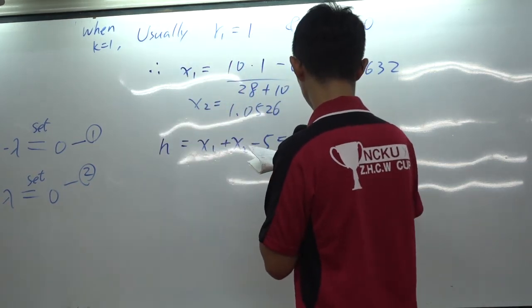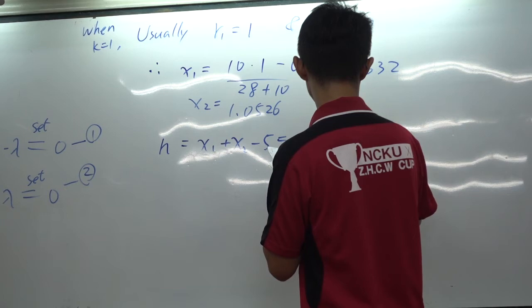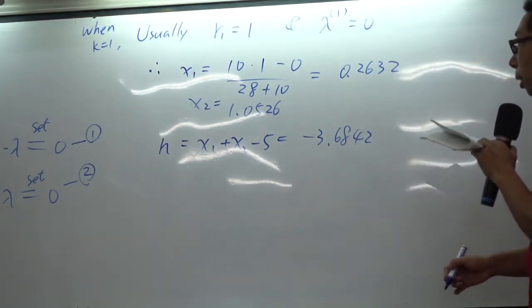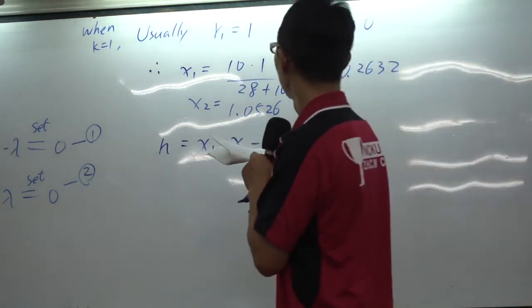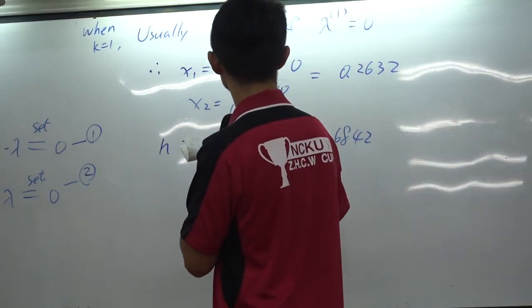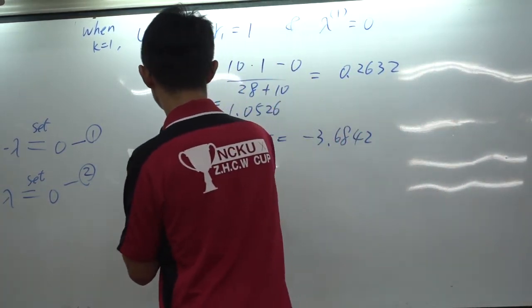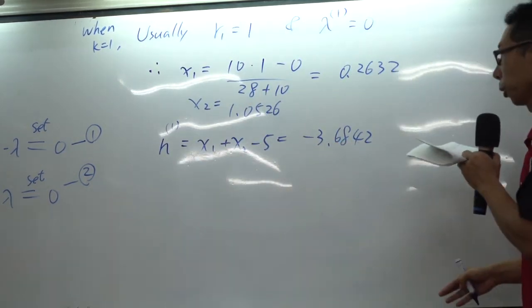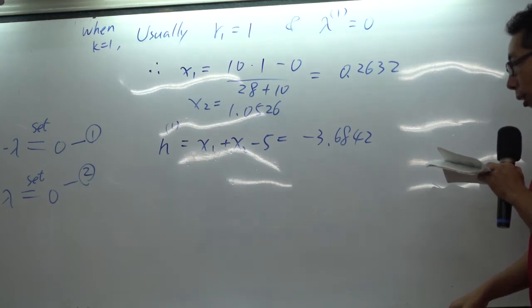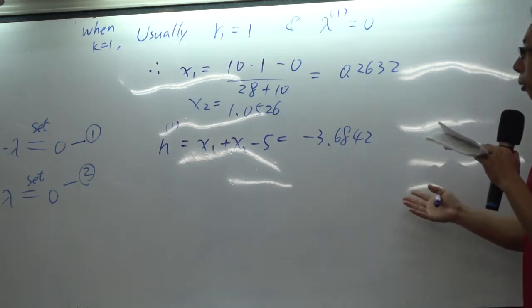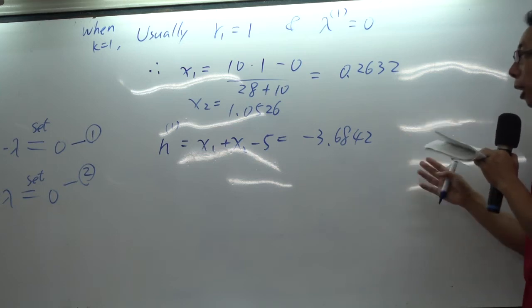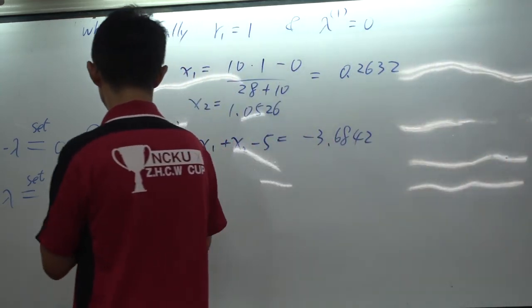We have negative 3.6842. By the way, this is h at the first iteration. Because at k equals 1, I think we have got everything we need.